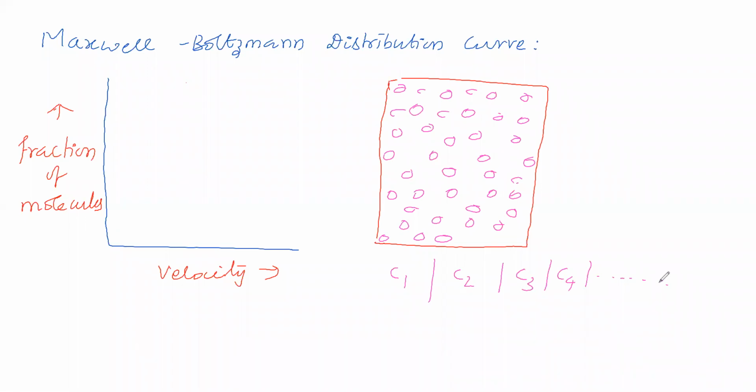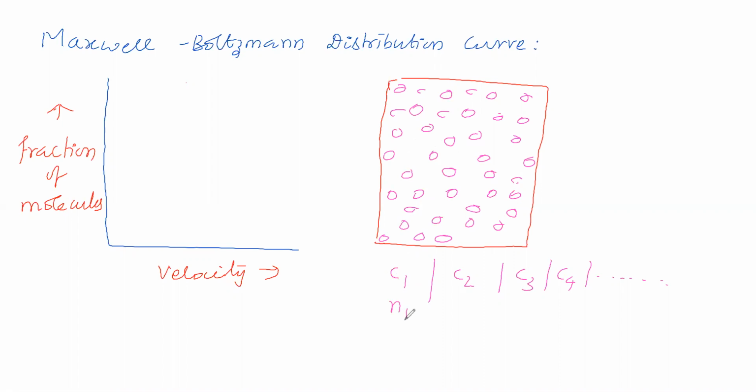So now velocity c1 is possessed by how many molecules? Shall we say one molecule, or many molecules, or zero molecules? Anything can be possible. So most probably, which is possible? You are saying that many molecules. So many molecules are having velocity c1.